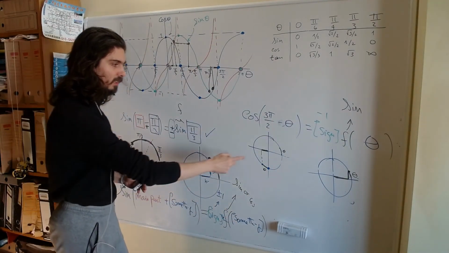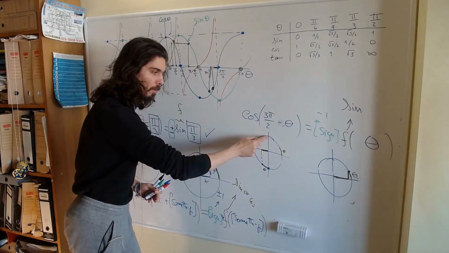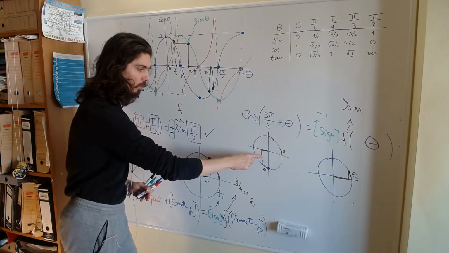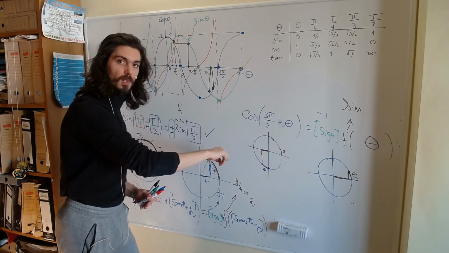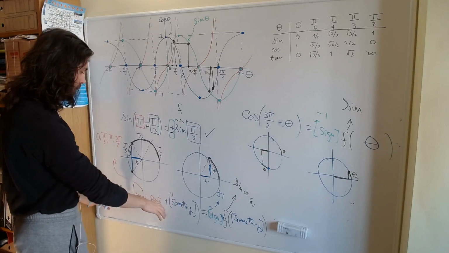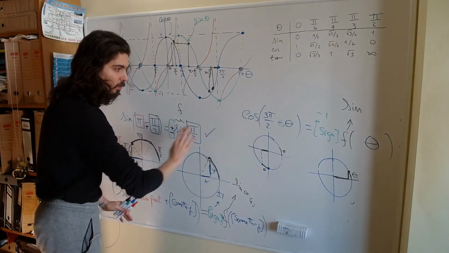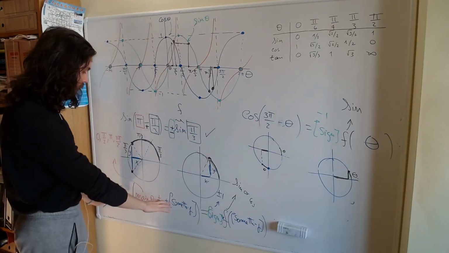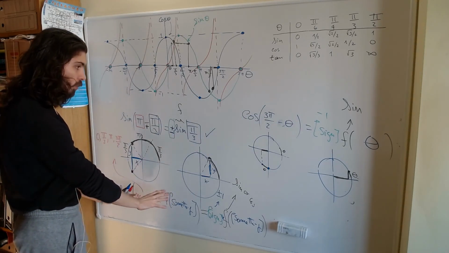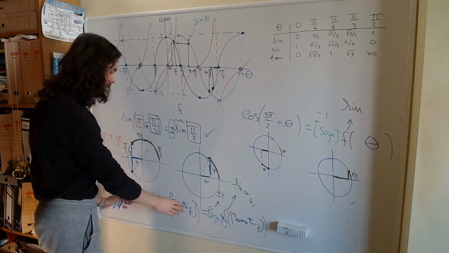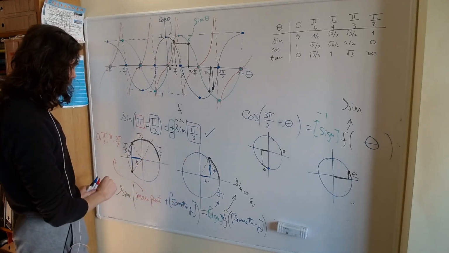If you belong to the second quadrant, you usually have to write pi over 2 plus something. If your angle lives in the third quadrant, you write pi plus something, and so on, okay? Or minus, by the way. You just have to choose what's best for you, okay? This is how you decompose the angle. Decompose it into a main part and a something, the angle in the first quadrant.